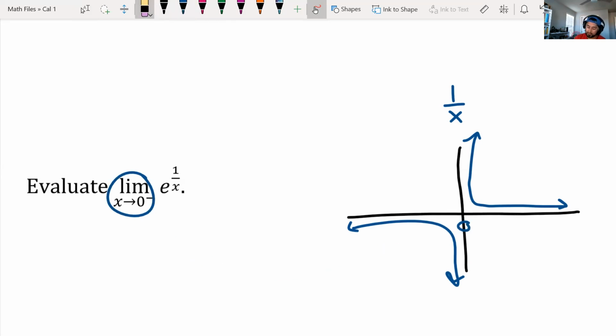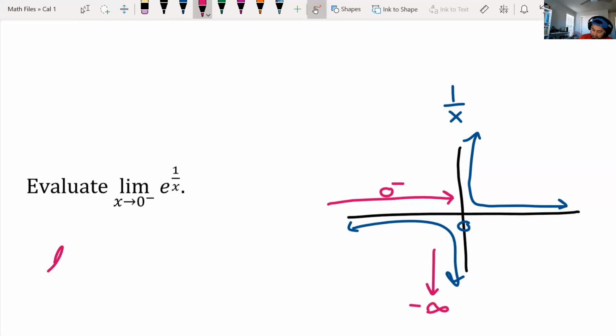So this says that the limit is approaching 0 from the left. So if I'm approaching 0 from the left side, where are my y values headed? Down to negative infinity, right? So what we do with that is we'll write the limit as x approaches 0 from the left of e to the 1 over x becomes e to the negative infinity.